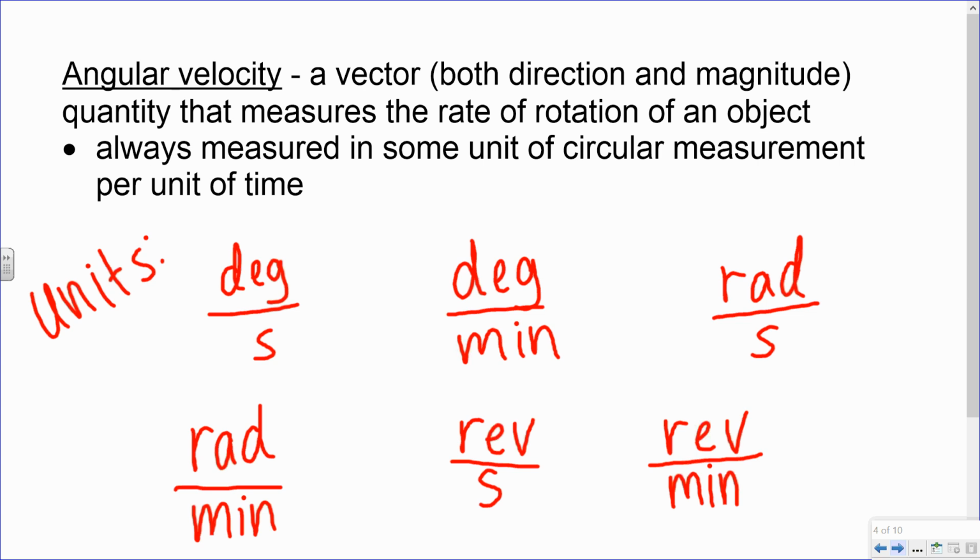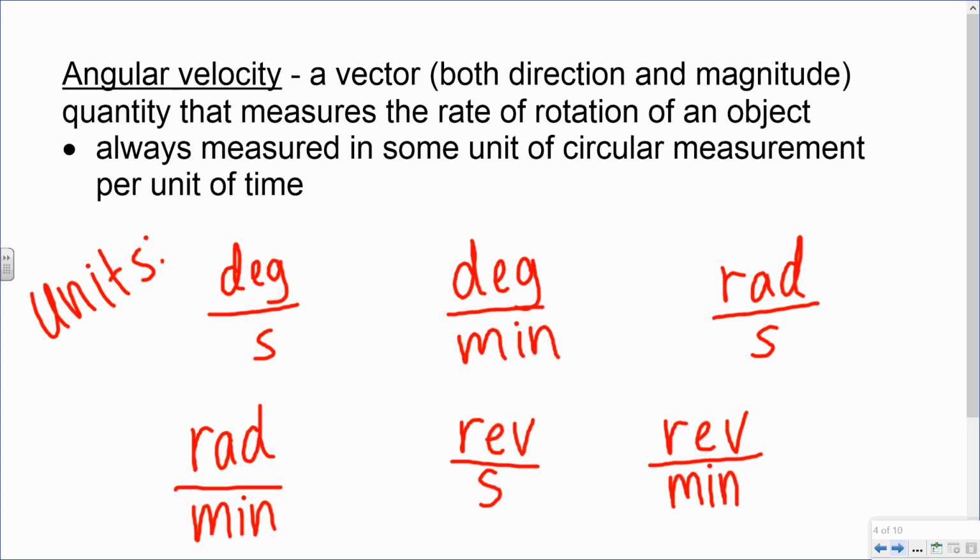It's measuring straight line, how fast you're going down the highway in a straight line. But is there something on your car that is spinning that makes you go down the highway? The wheels, the tires are spinning. They will have an angular velocity. They go around a certain number of times per minute, second, whatever, to make the car go down the highway a certain number of miles per hour.